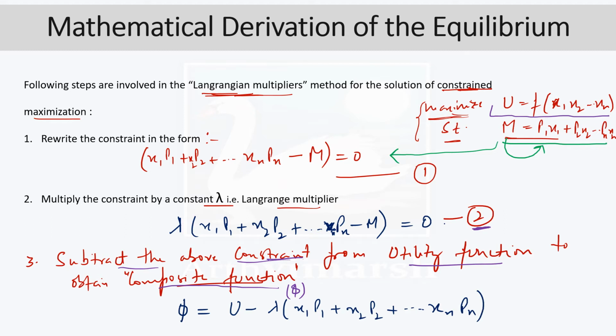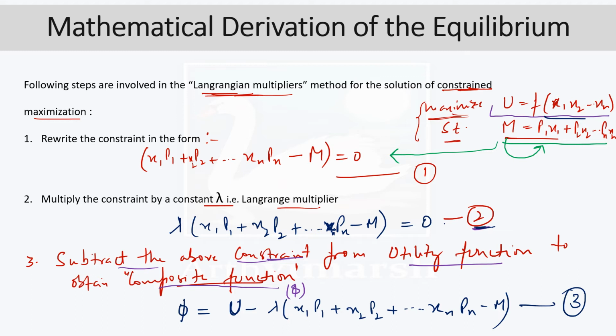There are n commodities available with corresponding prices from P1 up to Pn. And there will be minus m here as well, because we are subtracting this expression from the utility function. The utility function u is in turn a function of the quantities. We can call this expression 3.